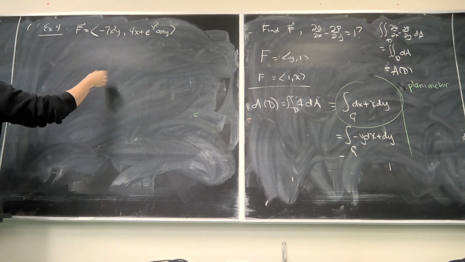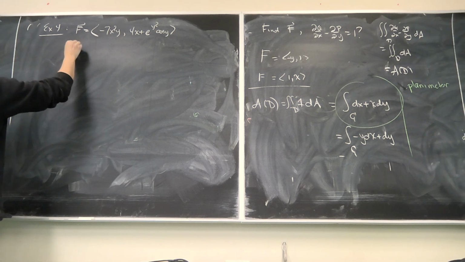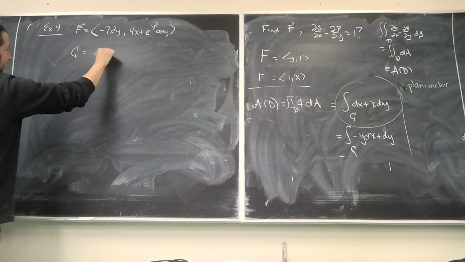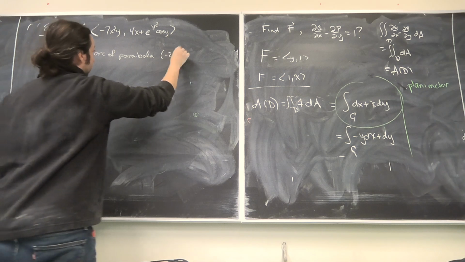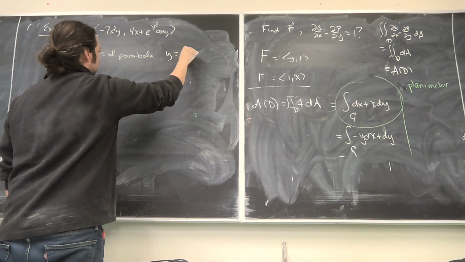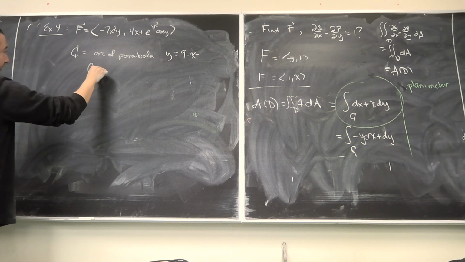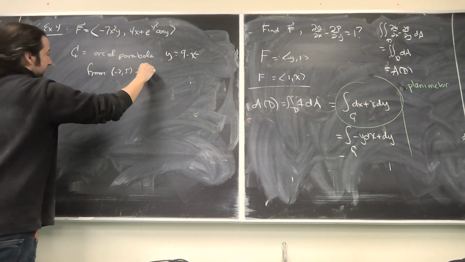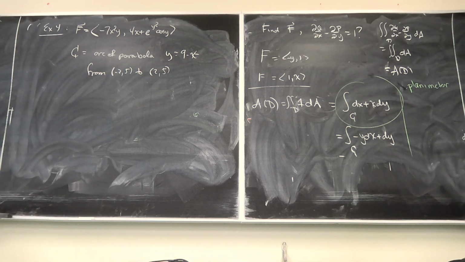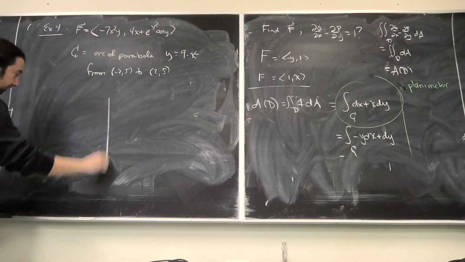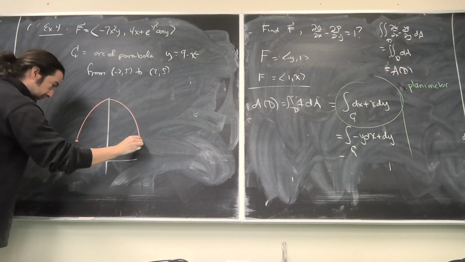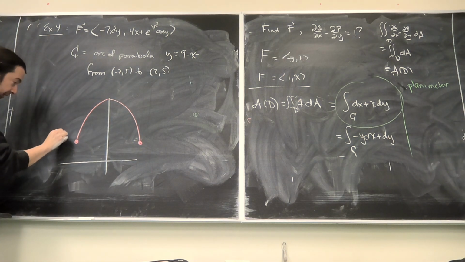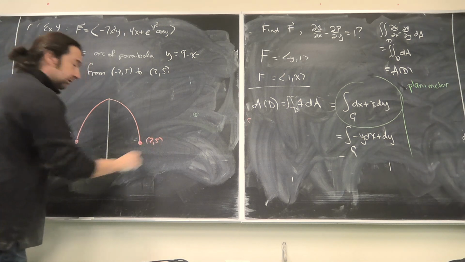And I'd like to know the integral of F dot dr on the curve C, where C is equal to the arc of the parabola y is equal to 9 minus x squared from minus 2 root 5 to 2 root 5. So the curve I'm integrating over this time looks like this. This is the point minus 2 root 5, and this is the point 2 root 5.